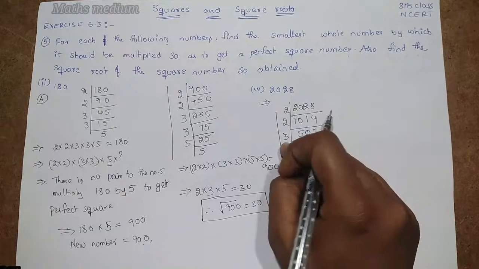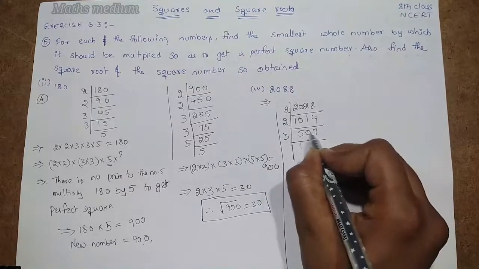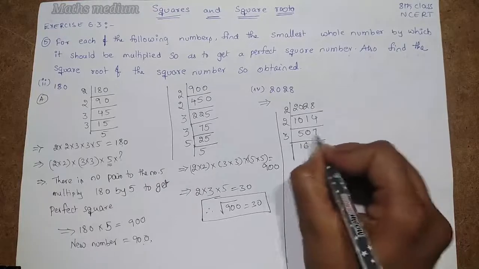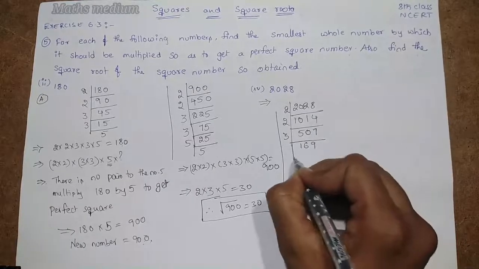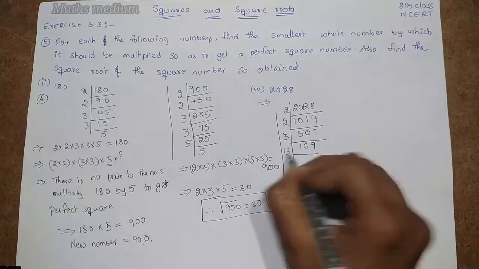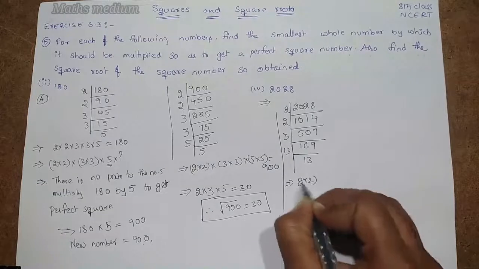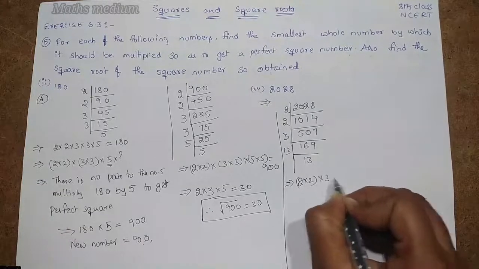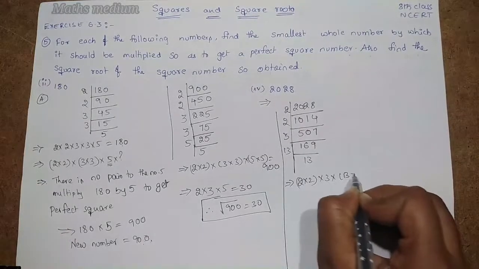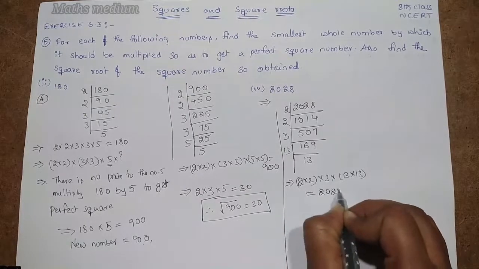So 3 ones are 3, 3 sixes are 18, 3 nines are 27. Now use 13: 13 thirteens are 169. So 2 into 2 into 3 into 13 into 13 is equal to 2028.